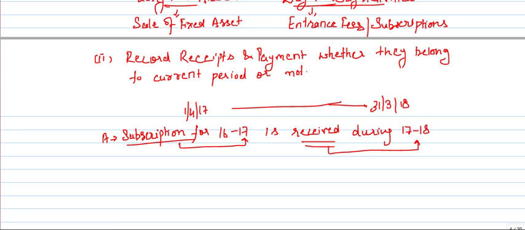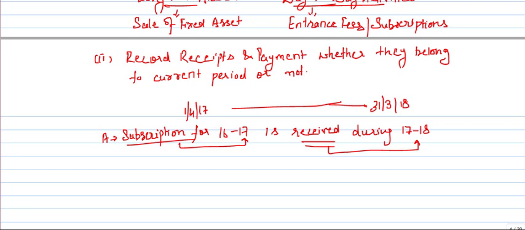The receipt and payment account says that's why the word all has been used. They say you have to record the receipts and the payments whether they belong to the current period or not. You have to record everything. Whether the subscription belongs to the previous year, whether the subscription belongs to the future year.